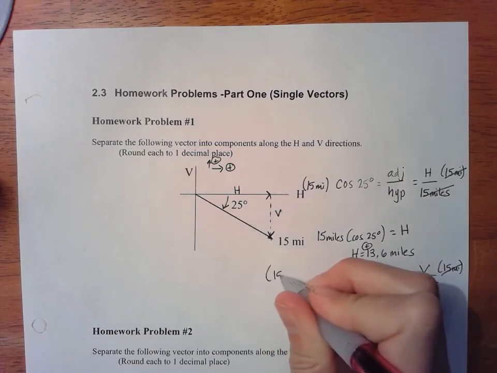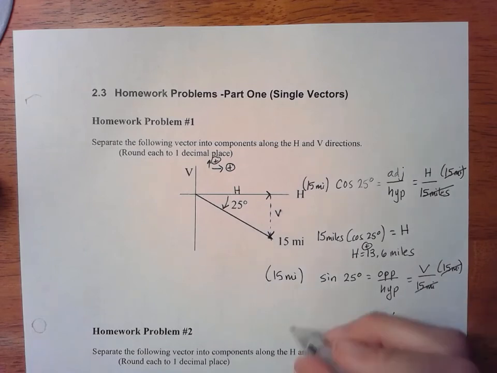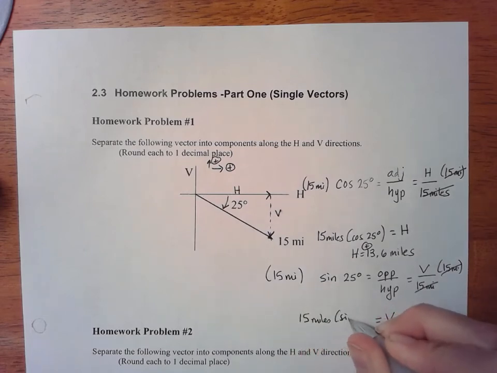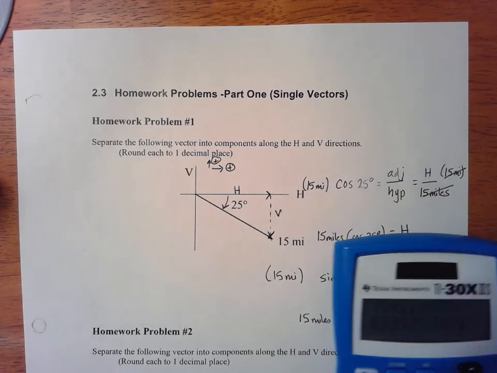And I'll have 15 miles on this side, and that means that my V is equal to 15 miles times the sine of 25 degrees. So go ahead and put that into my calculator. I have, in this case, 15 times the sine of 25, and that gives me 6.339, etc. I'm just going to one decimal place.